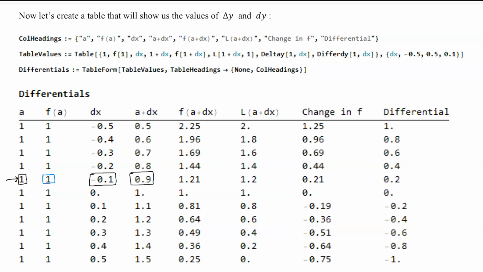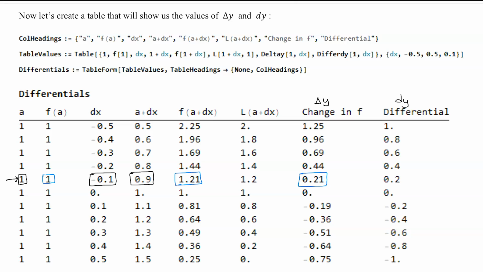Okay, then, using the same color scheme we had before, my y-coordinate was at 1 on the tangent point, and then I wind up on my function at 1.21, that's what we said earlier, because my delta y value, right, here's delta y, and here's dy, the differential.